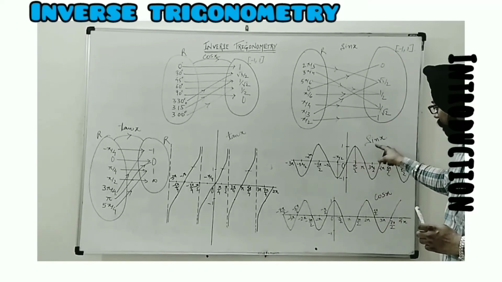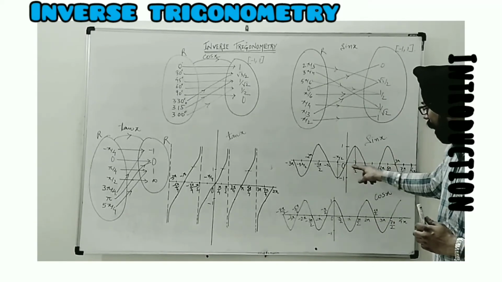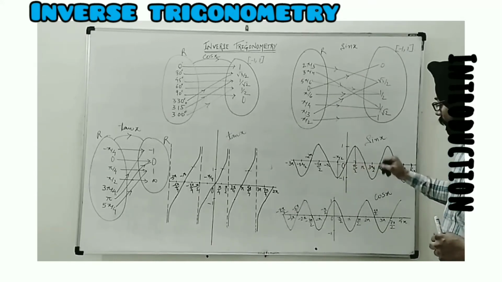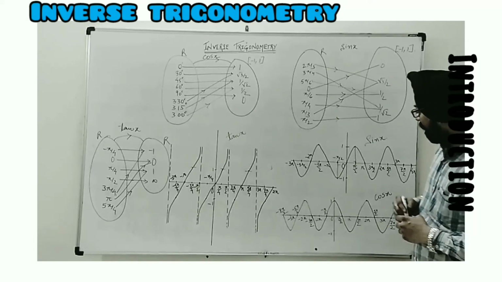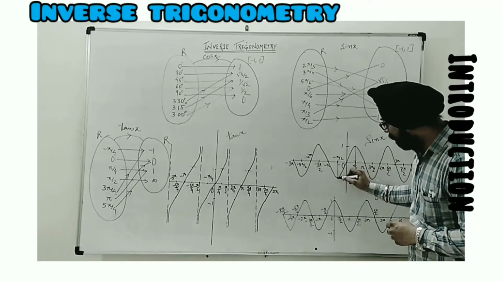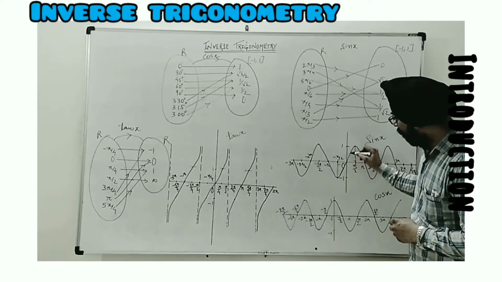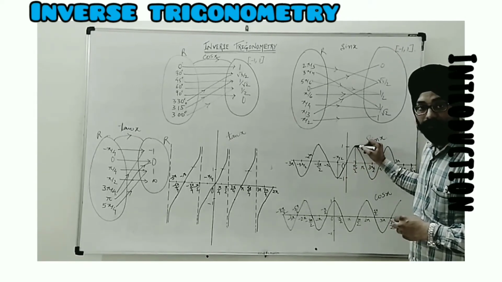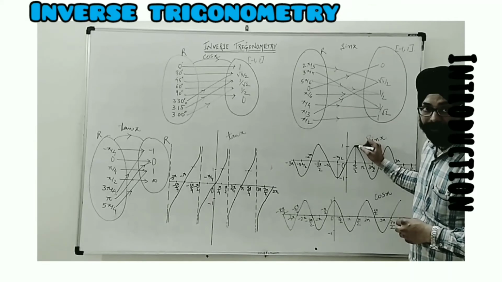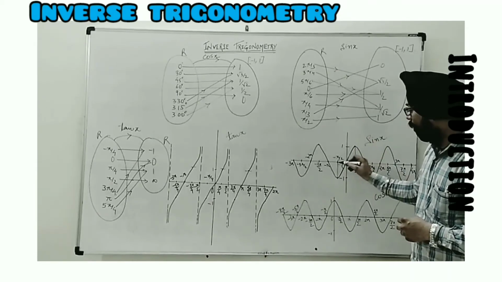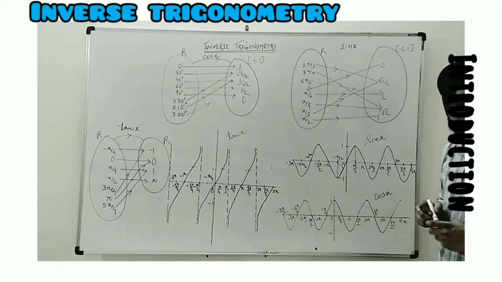The domain of sin x is considered as minus pi by 2 to pi by 2. This becomes the principal domain. Its value starts from minus 1, and there will be no repetition. You will find its monotonic nature, moving in one direction only, either decreasing or increasing, between minus pi by 2 and pi by 2.